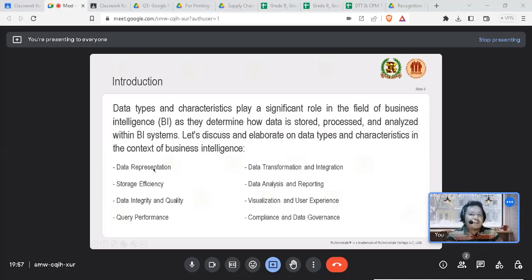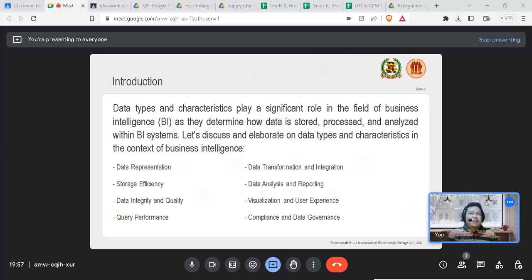First, we have data representation. So what is data representation? Data types define how information is presented within a business intelligence system.